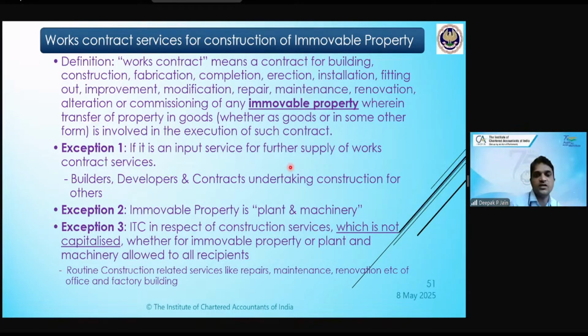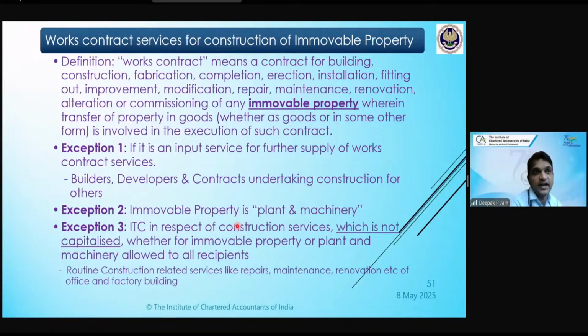Second exception is if the immovable property is plant and machinery. You're constructing a plant. What is plant and machinery? Any machinery which you are building up or equipment which you're building up, that is a plant. Big machineries like oil rigs, storage tankers for oil storage, all of that is plant, right?